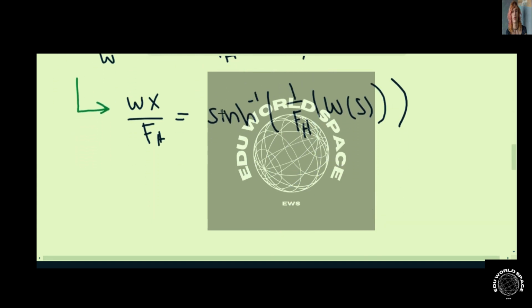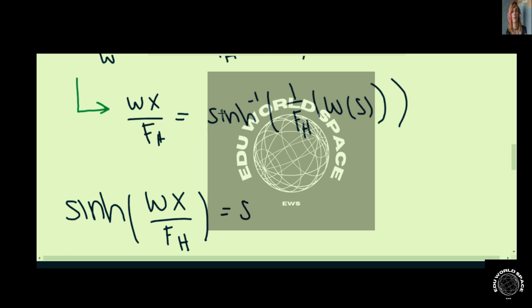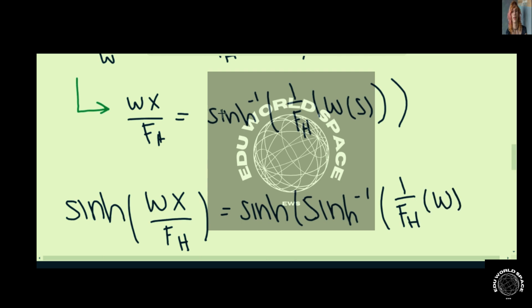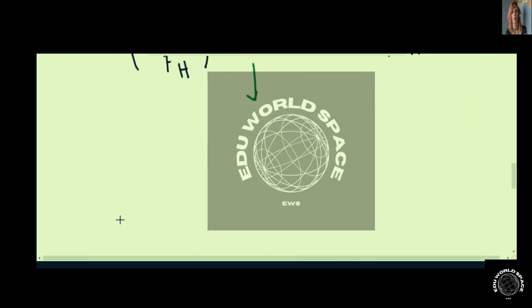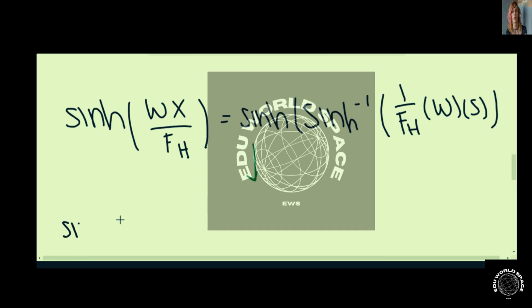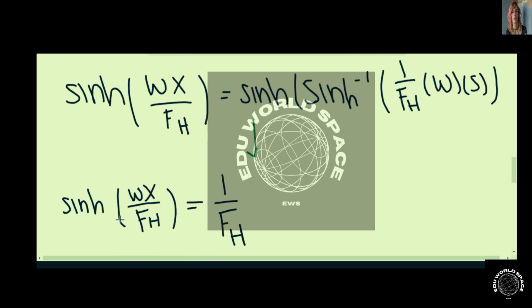And if we multiply by the hyperbolic sine on each side, our equation will be hyperbolic sine of w times x over f sub h equals the hyperbolic sine times the inverse of the hyperbolic sine of 1 over f sub h times w times s, giving us hyperbolic sine of w times x over f sub h equals 1 over f sub h times w times s.